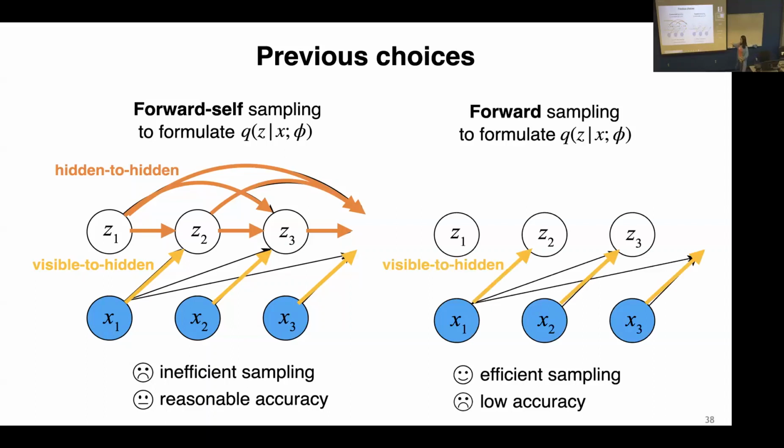And then one thing you can do is drop the history dependence to improve sampling efficiency. Now it only depends on the data, not on the history, so everything can be sampled in a parallel way. But the approximation still has low accuracy, because Q drops a lot of dependence information.